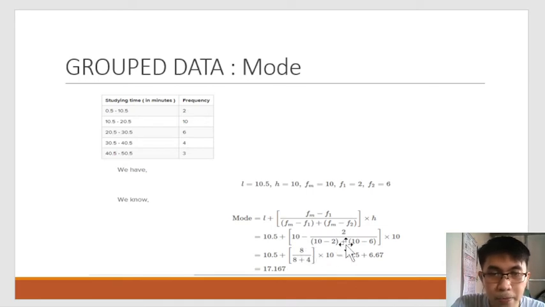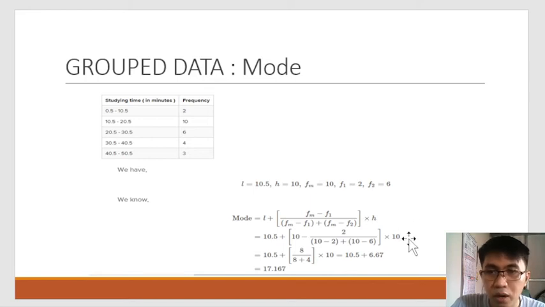Okay? Then, yung F1 is the modal class immediately preceding. So, 2. Yung substitute lang po natin sa formula na yan, and then we will get the mode 17.167. 17.167. So, ganun lang naman po yung ano niya.